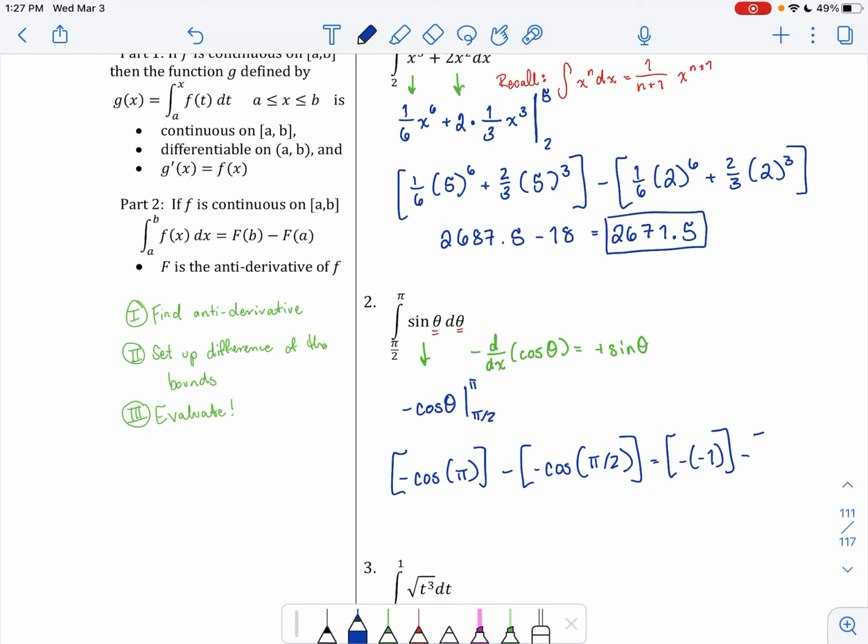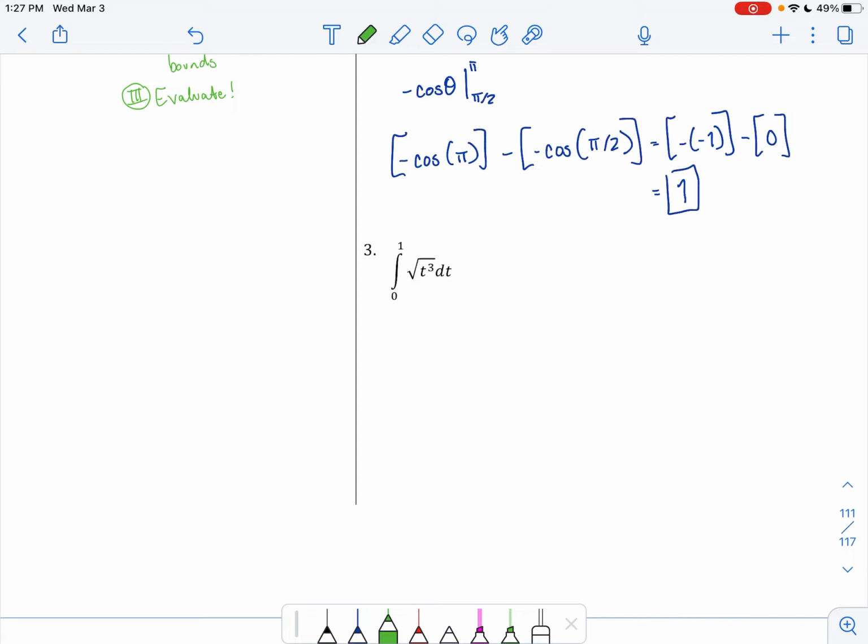Looking at a final example, the way that I will always rewrite root problems like this, as we've seen by now, is the integral from 0 to 1 of t to the 3 over 2 dt. I'll use my power rule, which is 1 over 3 over 2 plus 1, t to the 3 over 2 plus 1, from the bounds 0 to 1.